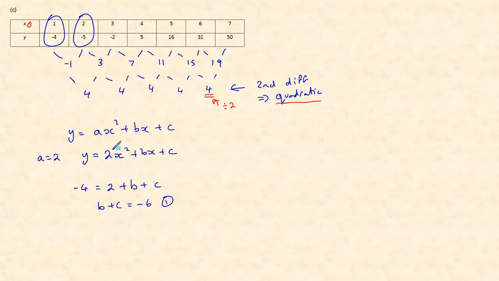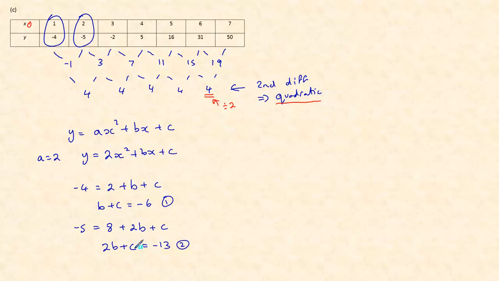When x is 2, y is negative 5. Negative 5 equals, so if x is 2, that's 4 times 2 is 8, and then add 2b, add c, so 2b plus c is negative 13.